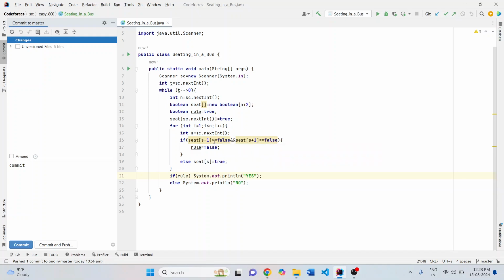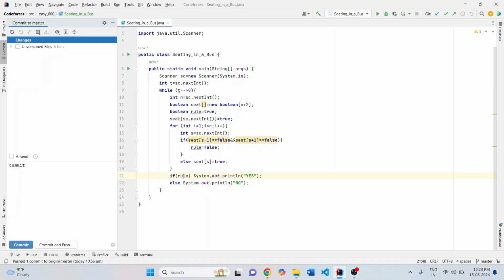If both are not occupied and the passenger sits on that seat, that means our rule has been violated, so we change the variable rule to false. Otherwise, he can sit there, it is fine. Then we set the seat to true.